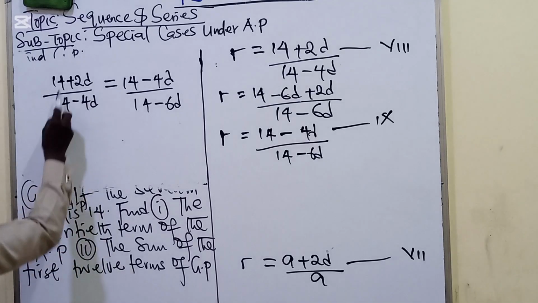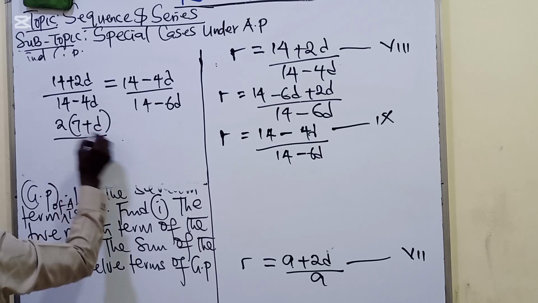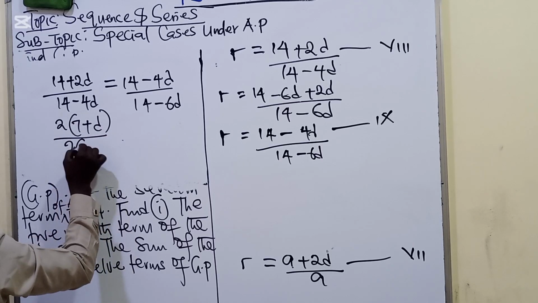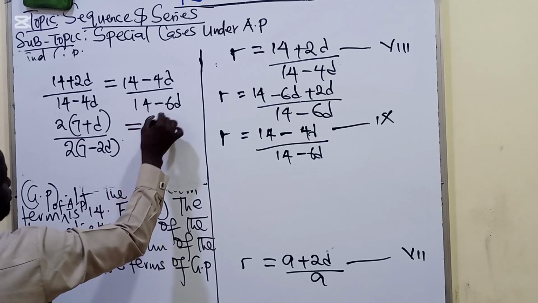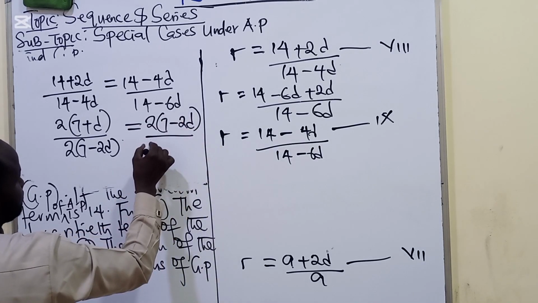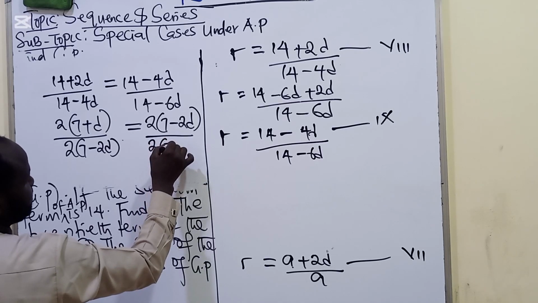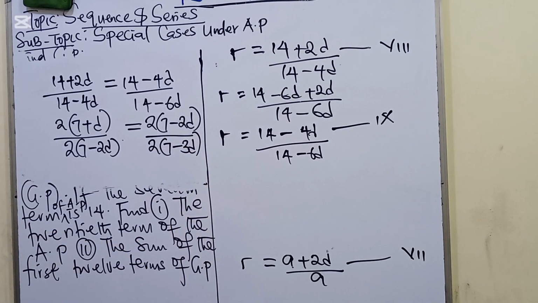Here we can factor out 2. 2 into 7 plus d divided by 2 is common to 2 into 7 minus 2d. The same thing, 2 is common, that will be 2 into 7 minus 2d divided by 2 is common, 2 into 7 minus 3d. Okay?